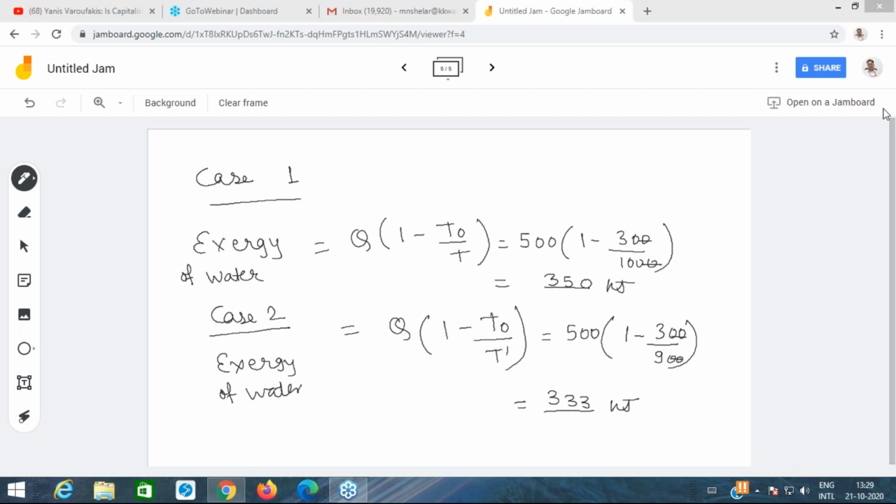What you understand from this, Yugandhara? What do you understand from this? Neha, Tejas, Samir. What do you understand from this? Whether there is a heat loss in case 1 or case 2, there is no heat loss. Then what has been lost and why it has been lost?